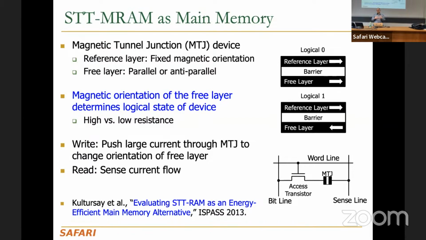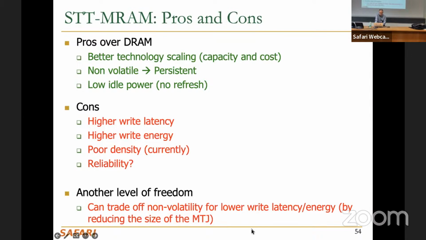But for memories like cache or register file, where you frequently update data, you may not need that high retention time, right? So you can think of this trade-off by reducing this MTJ, and that causes a lot of reduction in write latency and energy, but at the price of non-volatility. I mean, reducing non-volatility characteristics. So at some point, your STT-MRAM actually needs refreshing, and people look into it.